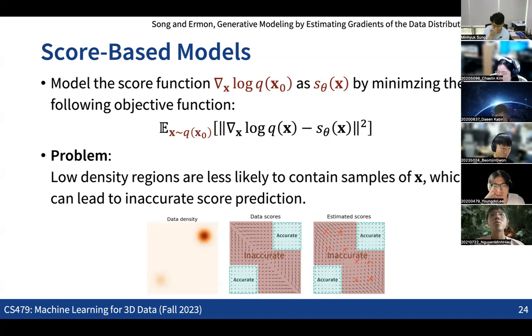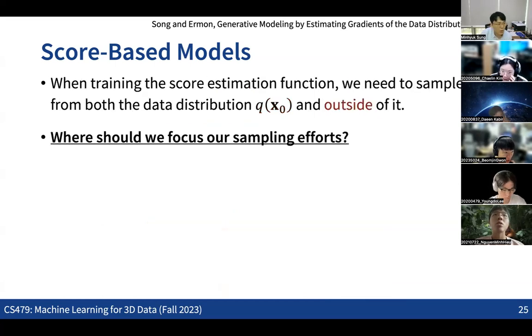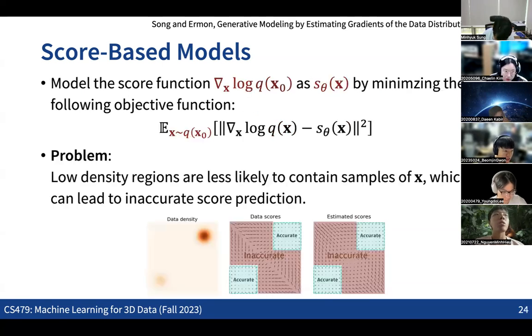So the first few steps in the Langevin dynamics will lead to wrong positions when sending all the sample points to the target. So the question is where we need to have the samples to optimize this equation.